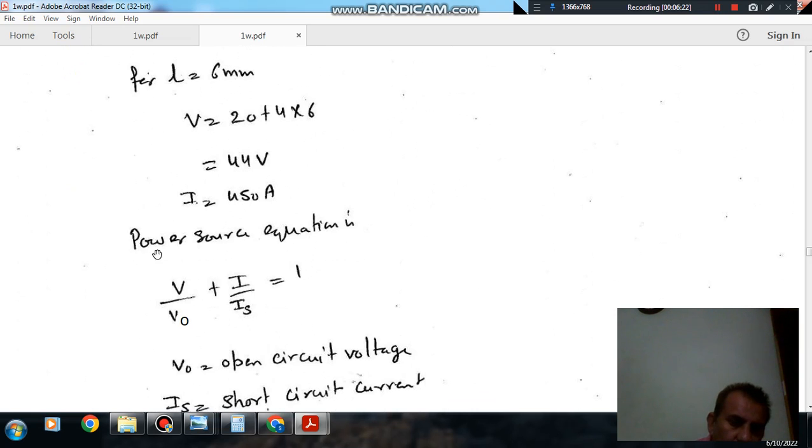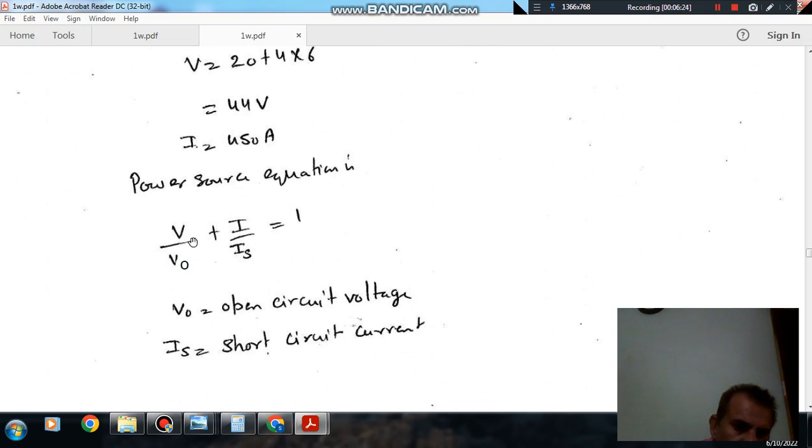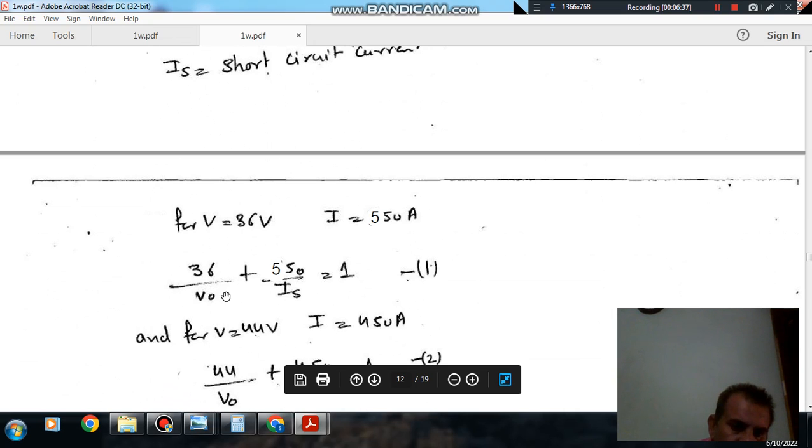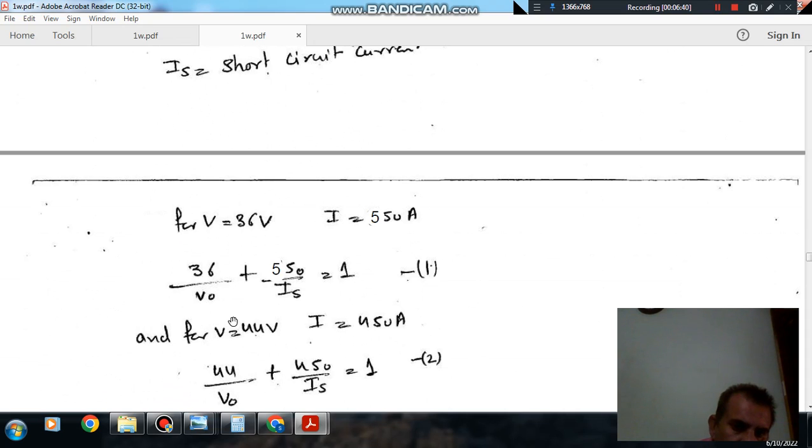Now the equation of the power source is V by V naught plus I by IS is equal to 1. V naught is your open circuit voltage, and IS is the short circuit current. For V equal to 36 volt and I equal to 550 ampere, the equation will be 36 by V naught plus 550 by IS is equal to 1.